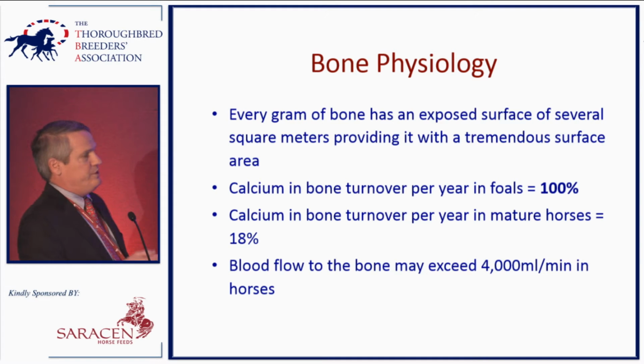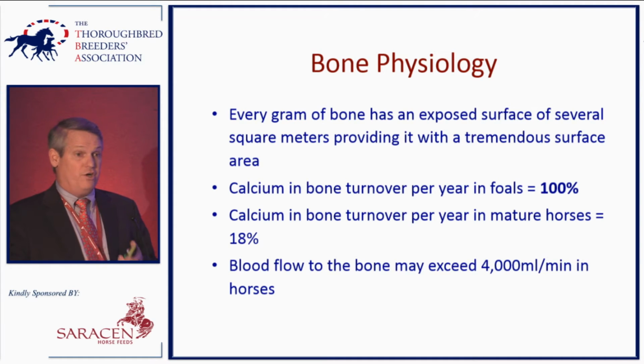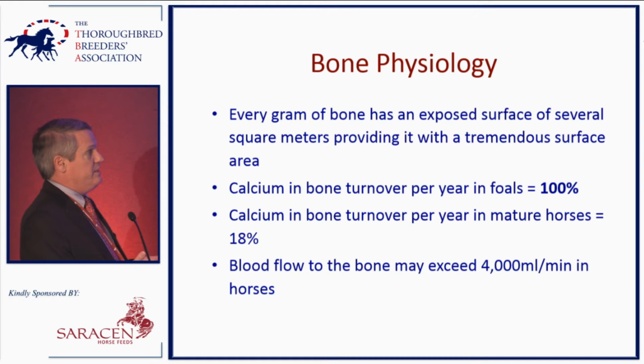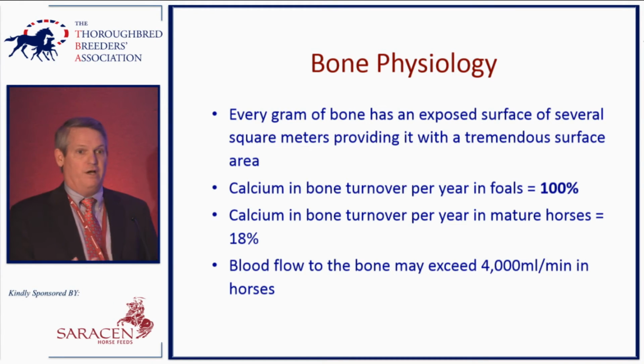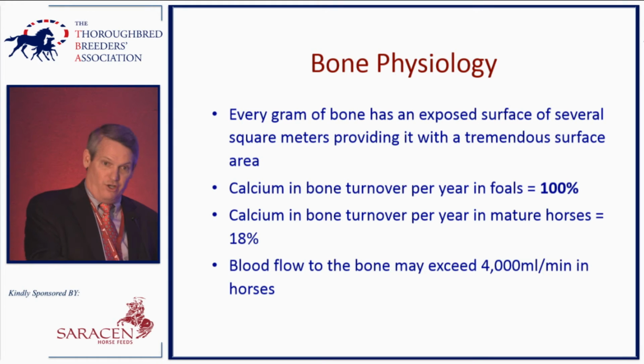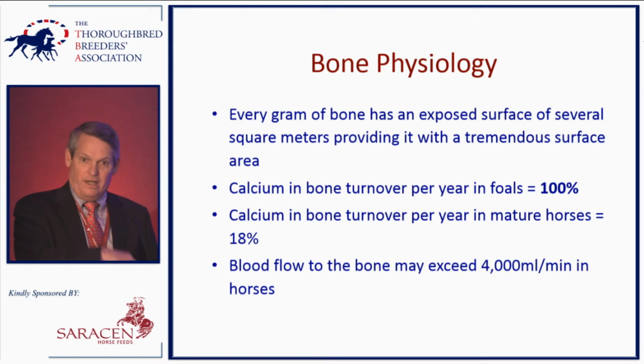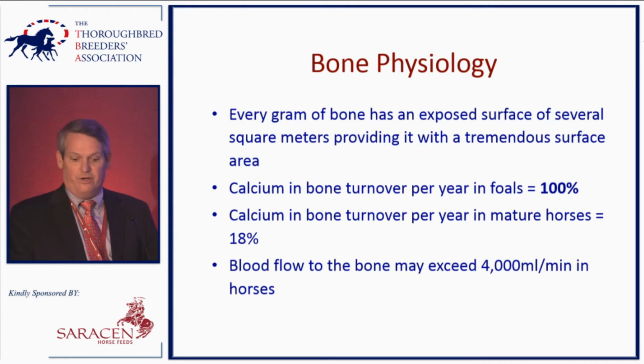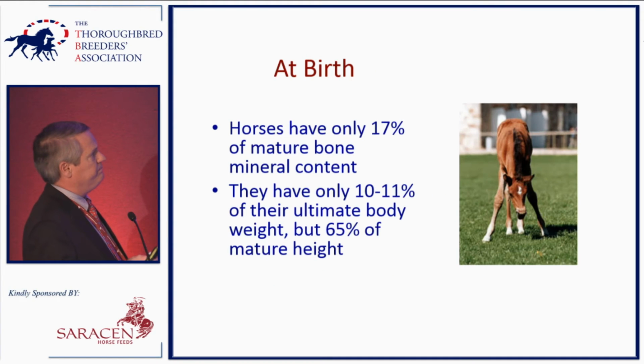In adult horses, calcium in the bone turns over 18% in a year. So what you see is there's massive blood flow to the bone, there's constant remodeling, and in a foal, all of the calcium in the skeleton gets dissolved, released to the blood, and remodels, and that allows growth to occur.